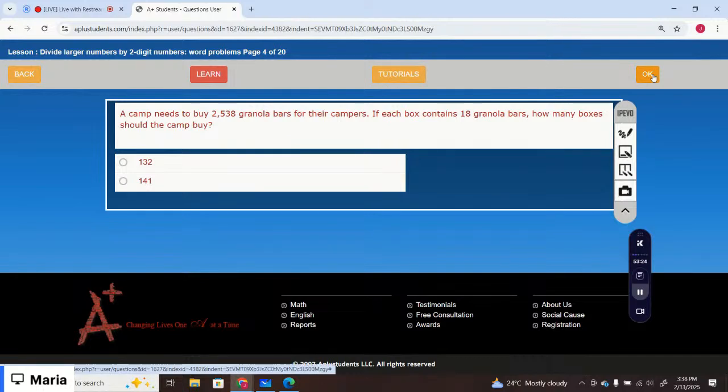A camp needs to buy 2,538 granola bars for the campers. If each box contains 18 granola bars, how many boxes should the camp buy? So which is the correct option?